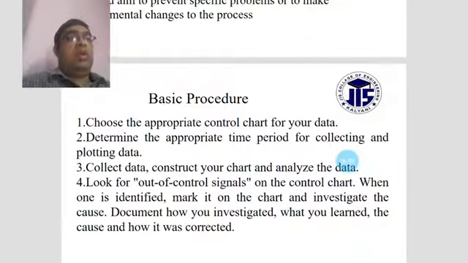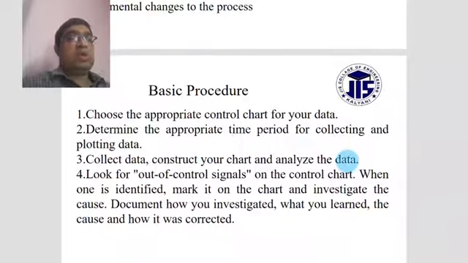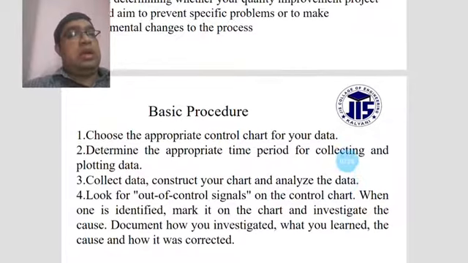You are always given some data as inputs, and you have to choose the appropriate control chart for it. Then determine the appropriate time periods for collecting and plotting data, so you collect and plot the data.